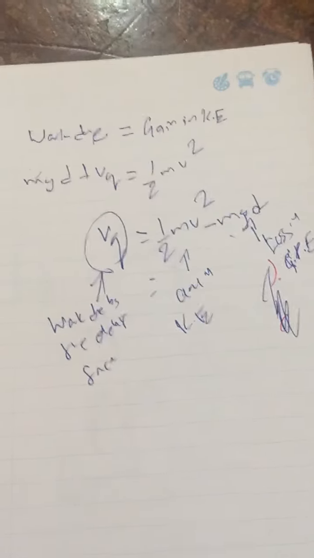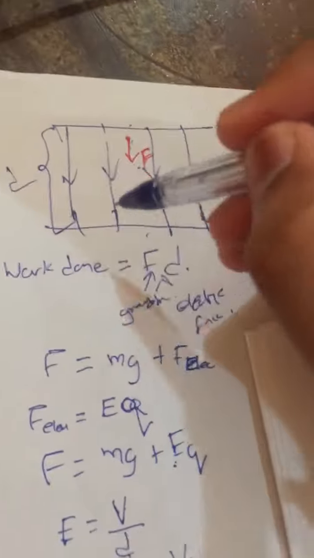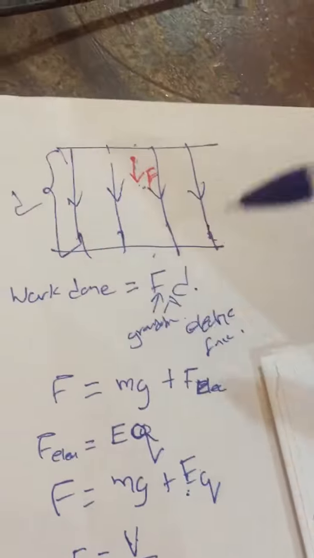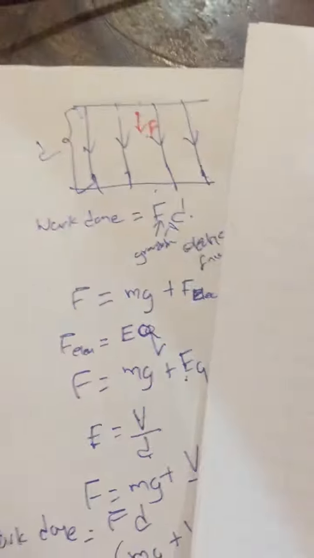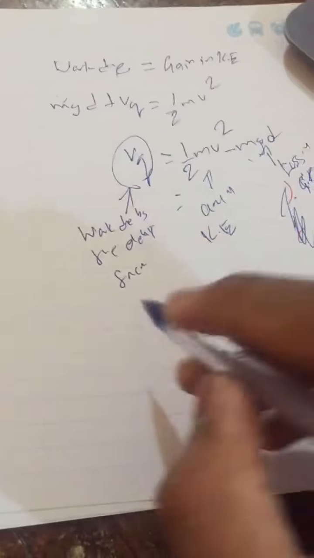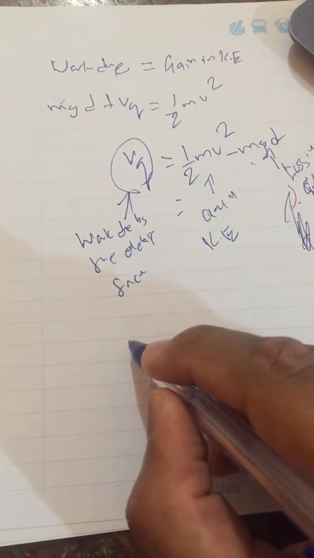Now, depending on the situation, if the object was going upward, the energy conservation would change accordingly. So you can deal with this situation either using equations of motion or using energy conservation.